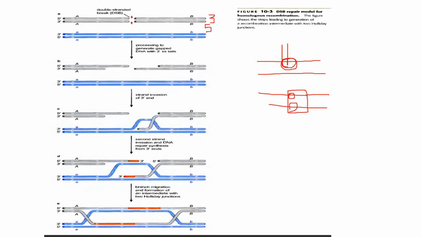Processing of the DNA takes place, which results in formation of a 3 prime single stranded tail.